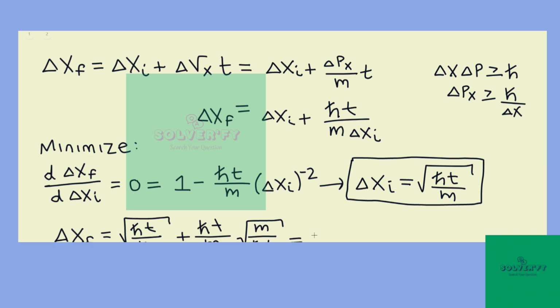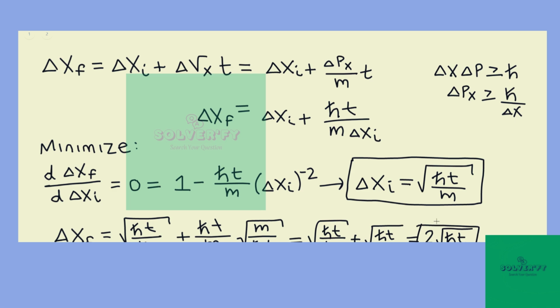And you see that this is going to result in root h bar t over m plus root h bar t over m, which gives us two of them. So we have 2 root h bar t over m. And that's the main result.